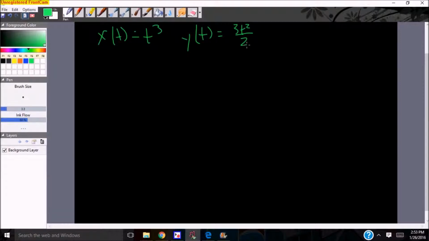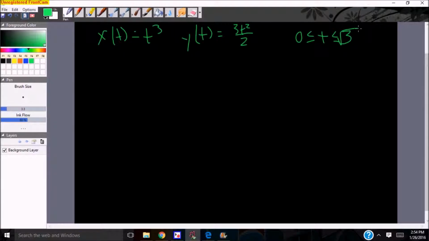And we want to do this on the interval where t is going from 0 to root 3. So we're trying to find the length of this whole path of the particle.